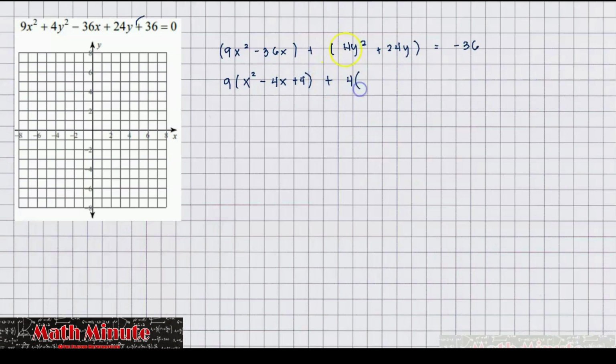Plus, we factor out 4. So this would be y squared, 24 divided by 4 is positive 6y plus 9, because we did completing the square, minus 36 plus 9 times 4, because we have 9 here and 4 here.